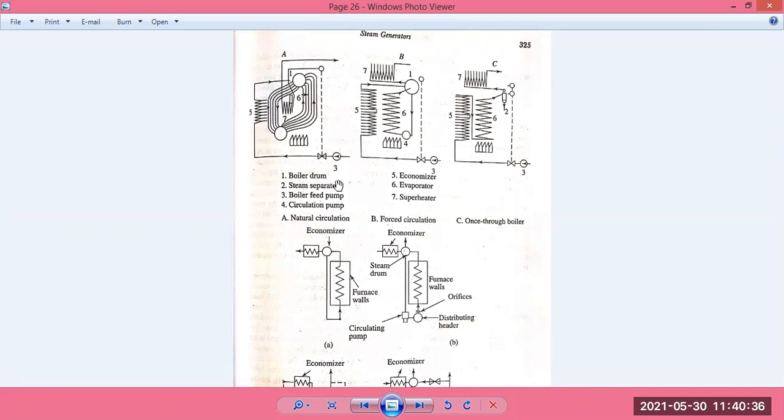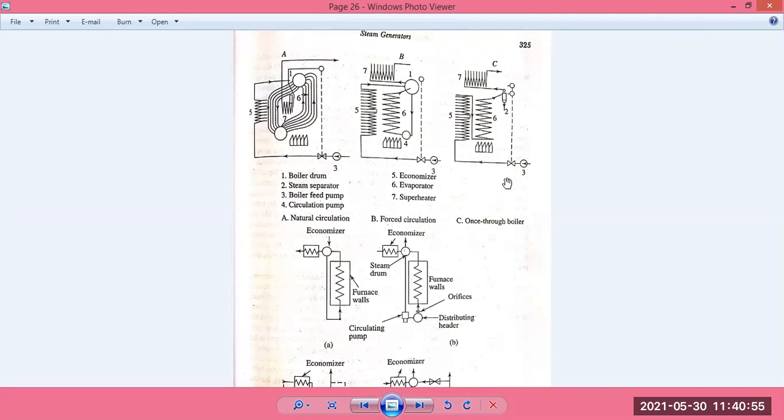Boilers can be designed to operate at pressures above the critical pressure of 221 bar, and no drum is necessary in such cases. This is called a once-through boiler. No drum is necessary here because there is no mixture of water and steam.